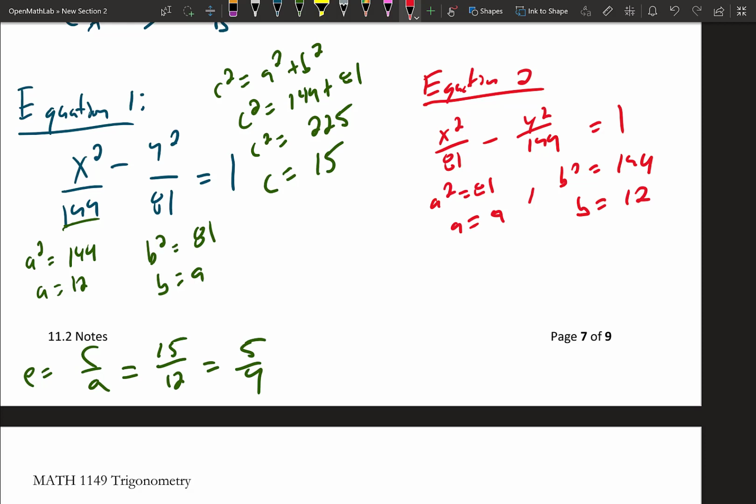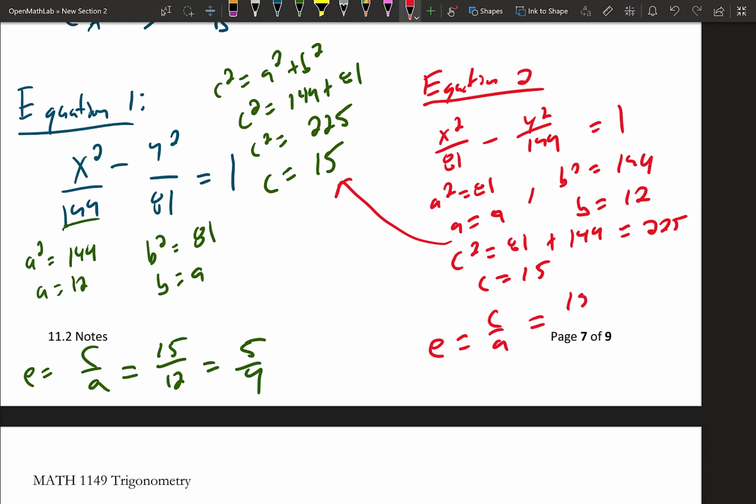But for the c value, it's going to be the same work. The only difference is we would have c squared equals 81 plus 144, but that's still equal to 225, so c would still be 15. So the eccentricity would be c divided by a, which would be 15 divided by 9, which reduces. I can divide top and bottom by 3 to get 5/3.